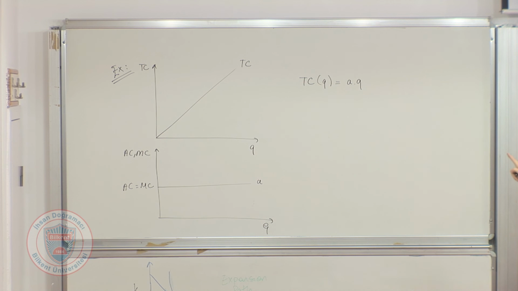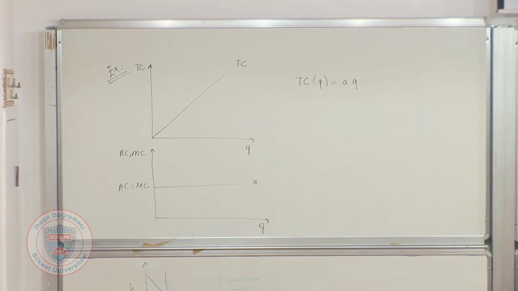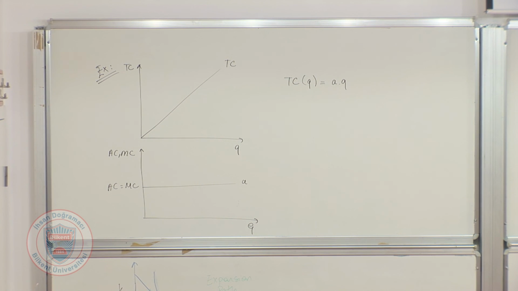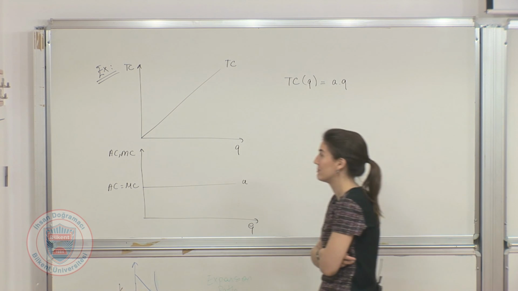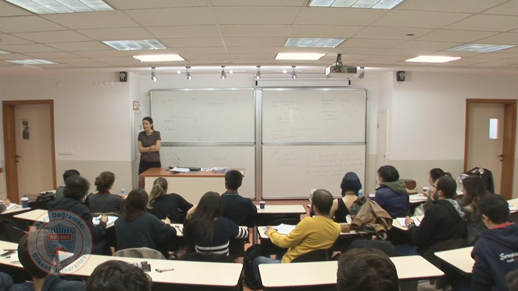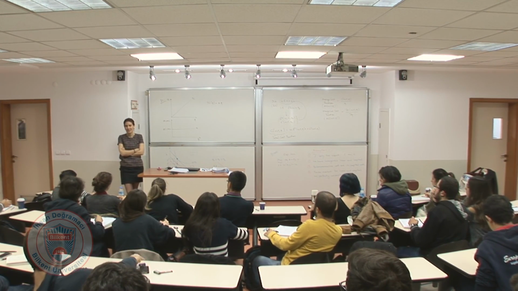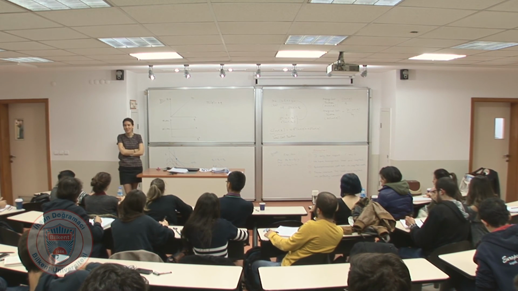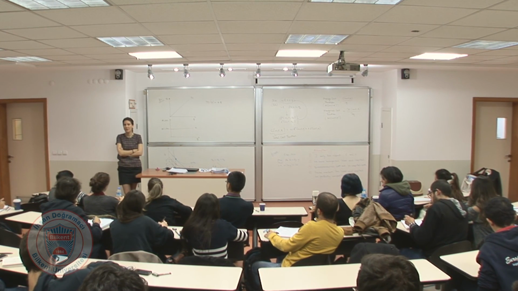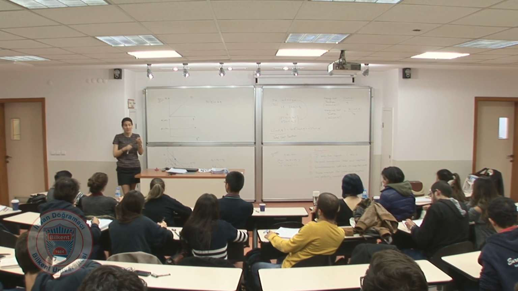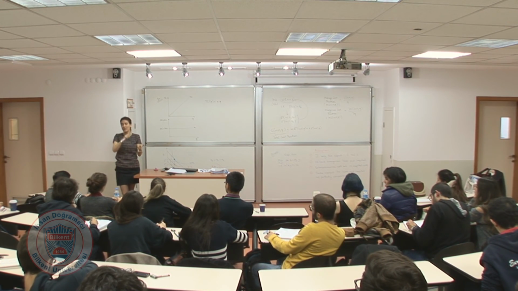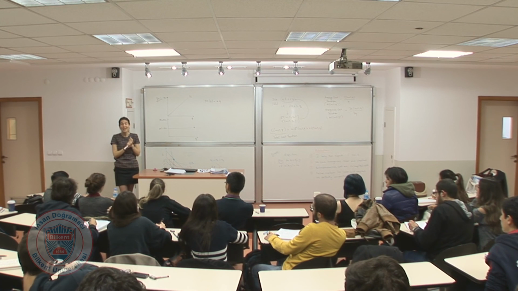So this total cost function is coming from which production function? Do you have a guess? The easiest one is which one? No, don't think of Cobb-Douglas. Constant returns to scale, increasing returns to scale, or decreasing returns? Constant returns.